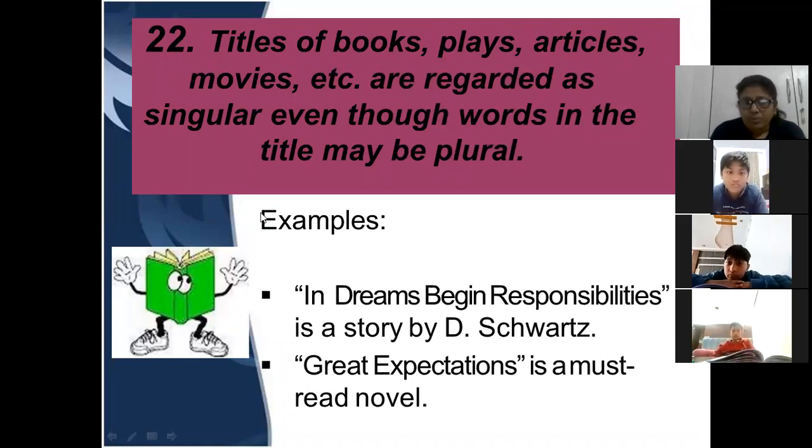Like, this is the name of the story: In dreams began responsibilities. You can see dreams and responsibilities both are plural, but we have used "is" because the rule says that if the title of a book, play, article or movie is plural, it is regarded as singular.